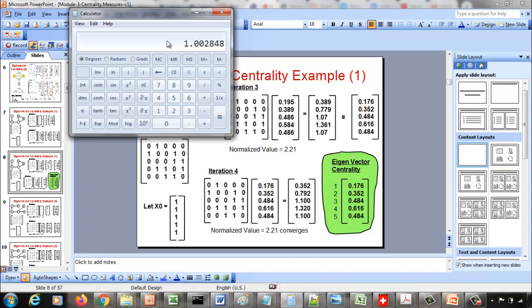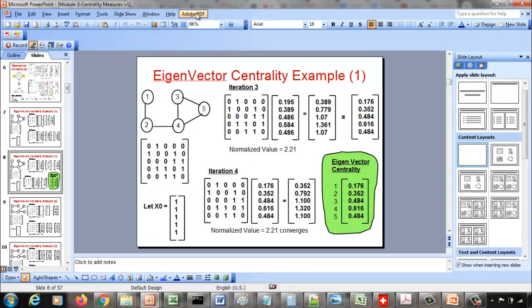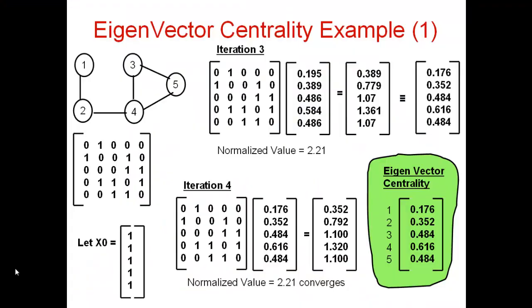Then if you divide each of these entries by 1, which is the normalized value, you just get the same thing. So that's a good property of eigenvector centrality values. They are already normalized.